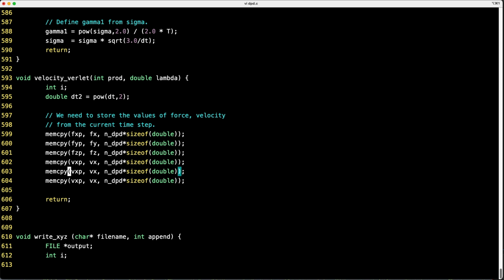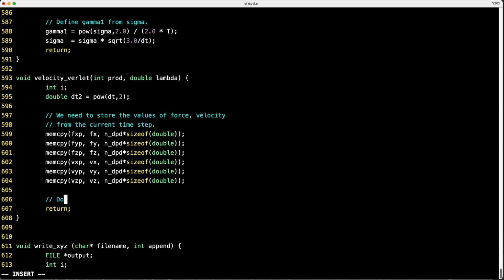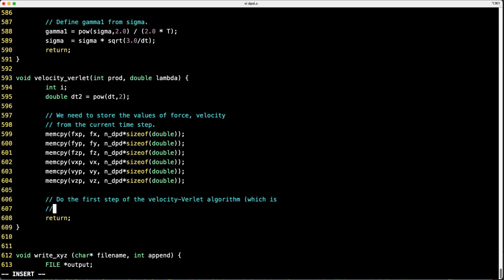All right, so again, this is why I love C instead of Fortran, is C has some really nice functions like this that make my life easier. Okay, so now we need to do the first part of the velocity-Verlet algorithm, which is the first two lines of the algorithm in Groot and Warren.